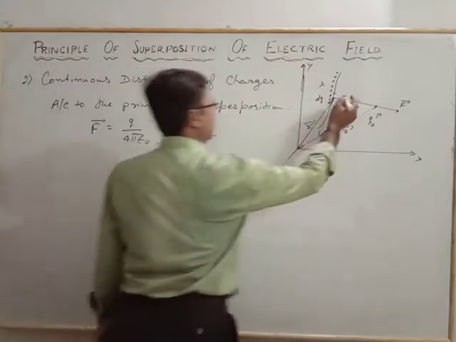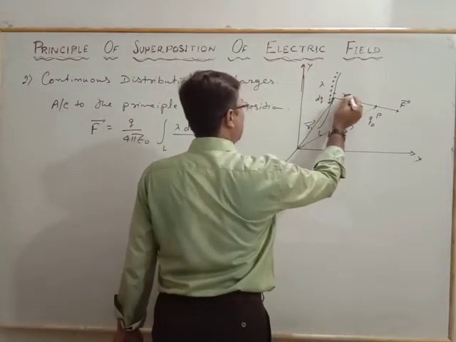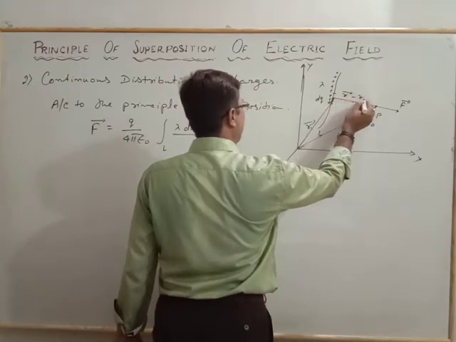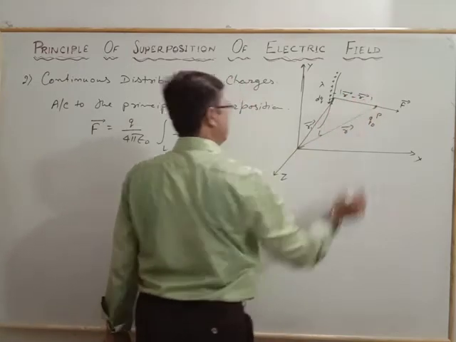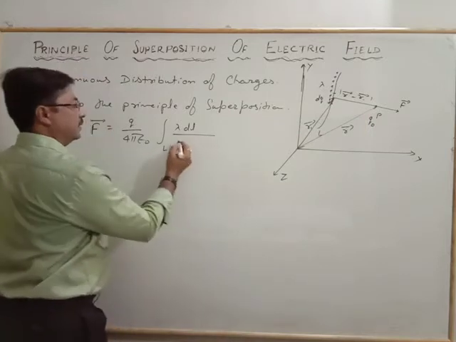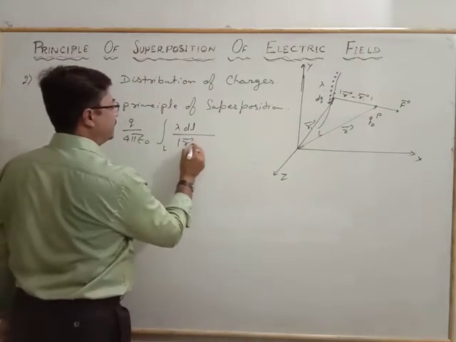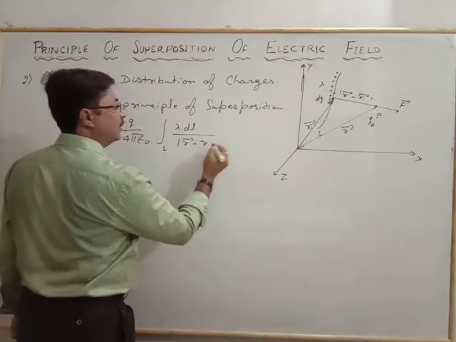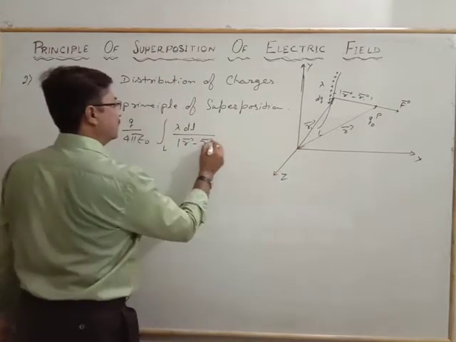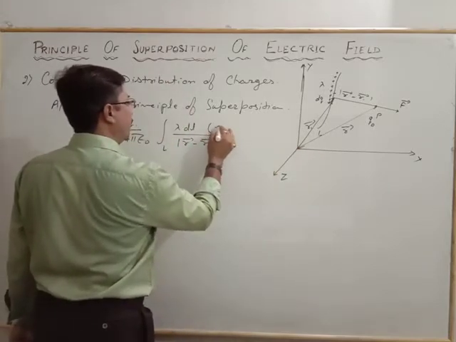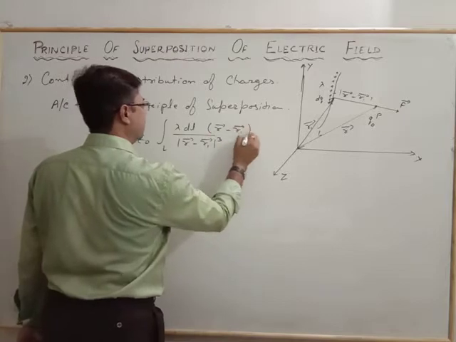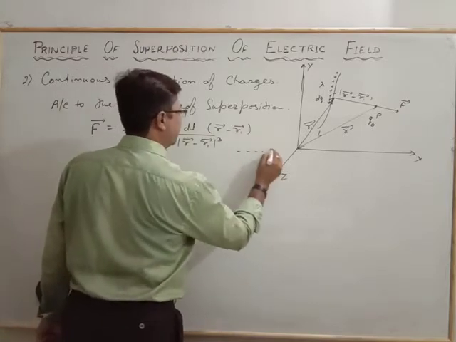So the distance from here is the r vector minus r1 vector. We write here the magnitude of r vector minus r1 vector whole cube, times the r vector minus r1 vector. And this is equation number 1.